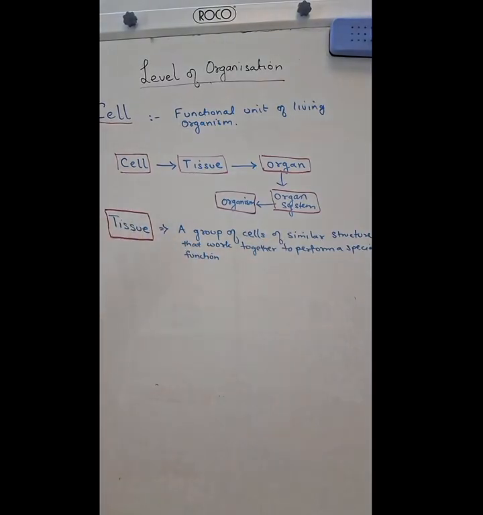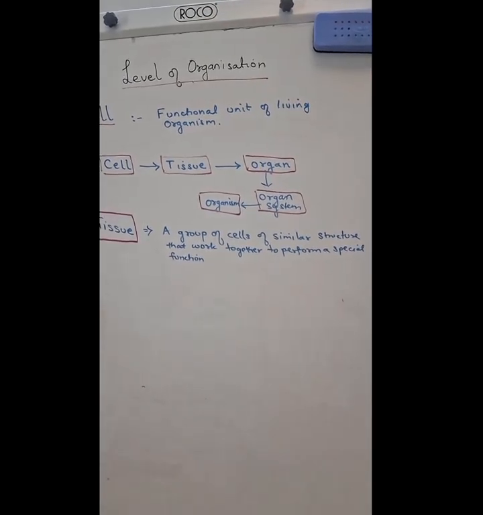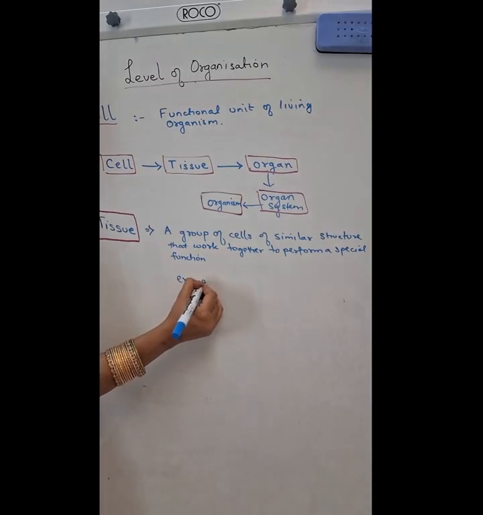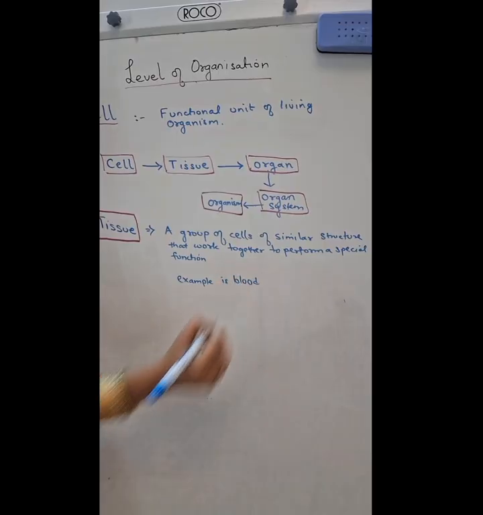Okay, and example I gave you. Is that clear? The example of tissue I gave you. Example of tissue is blood.